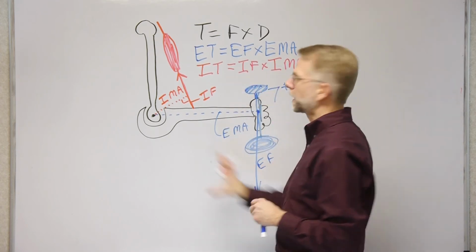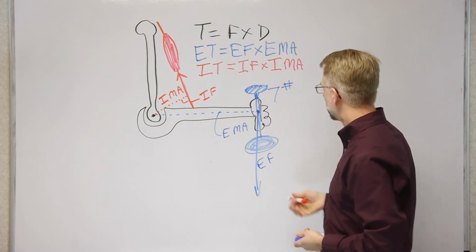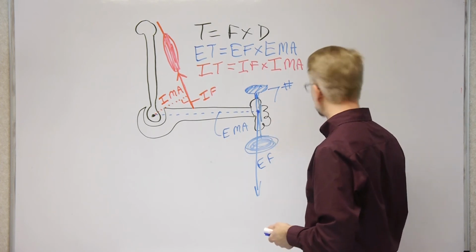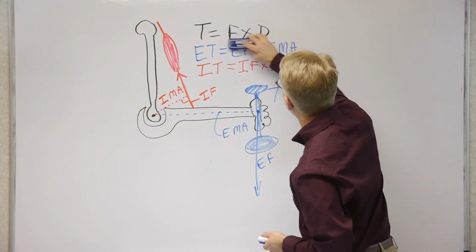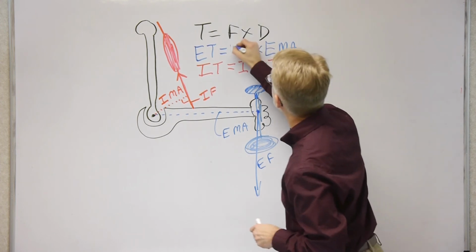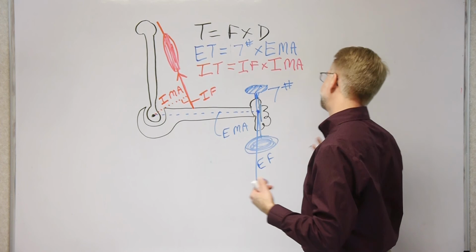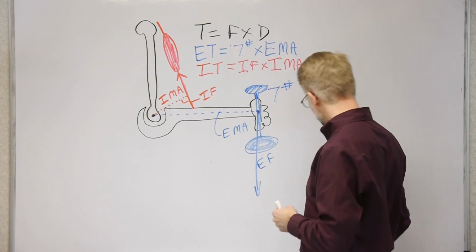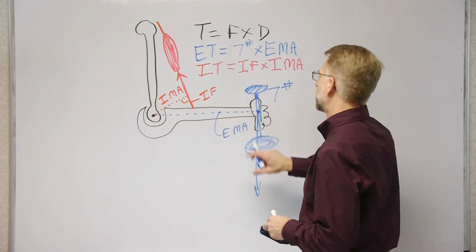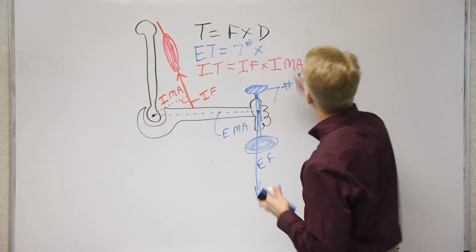So again, let's look at how this will work out in the real world. Here we have an external force. A dumbbell weighs 7 pounds. Let's actually start to plug some of these numbers in. So my external force is 7 pounds. My external moment arm, let's just make it really easy and say that this distance from the axis to the center of gravity of that weight is 1 foot.